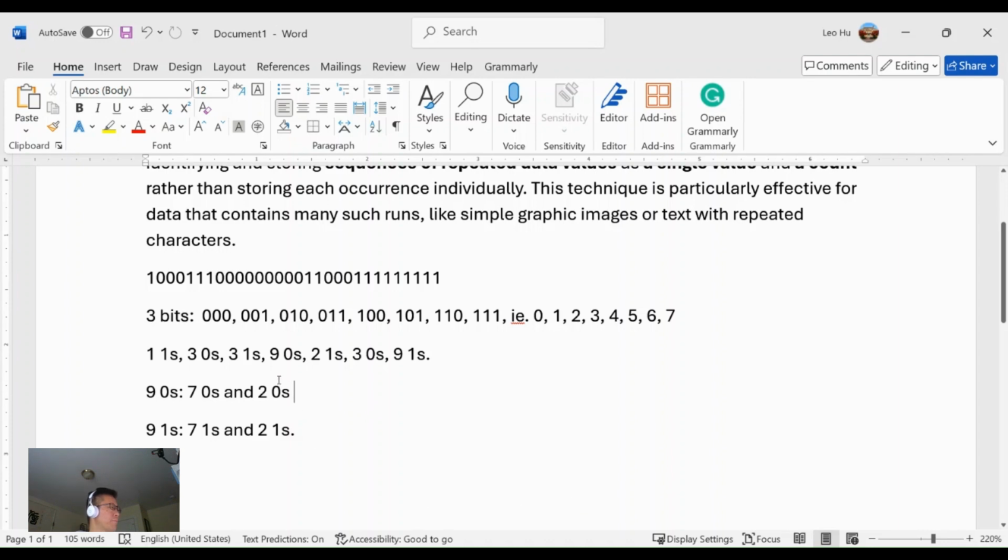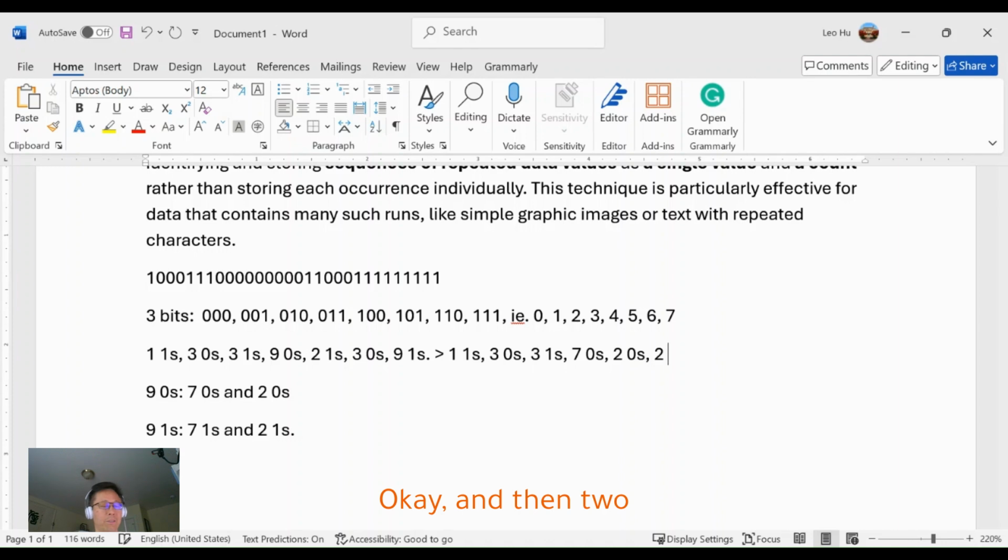So now the given data will become what? 1 one, 3 zeros, 3 ones, 7 zeros, 2 zeros.